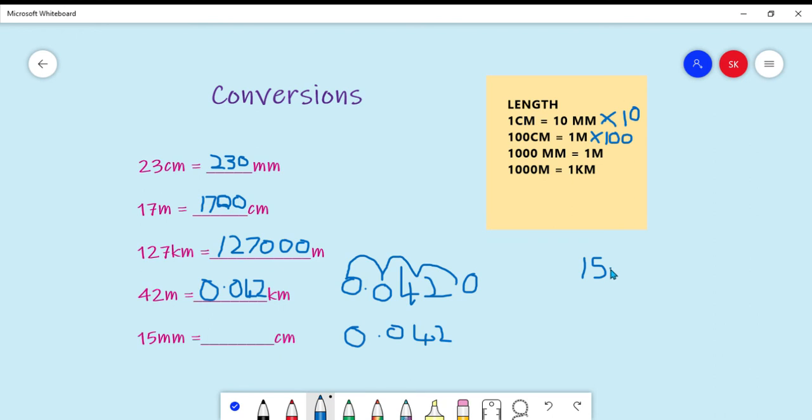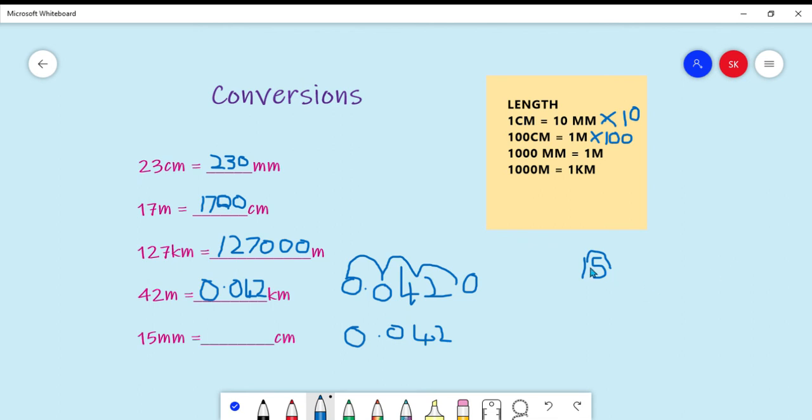Now what we have to do is move the point 1 left. To move the decimal point, if we move 1 left, then it will divide by 10. And if we move the decimal 1 right, it will multiply by 10. So here we need to divide.